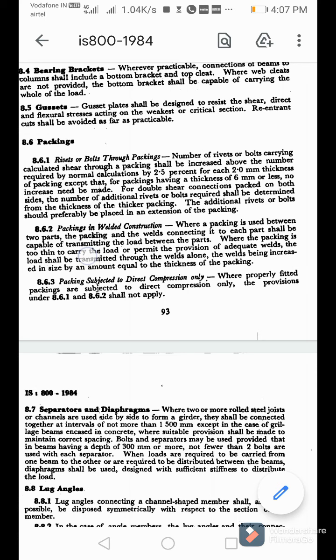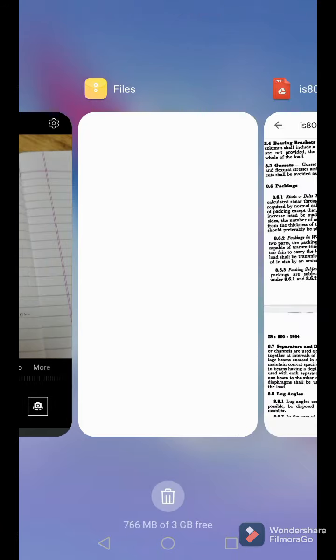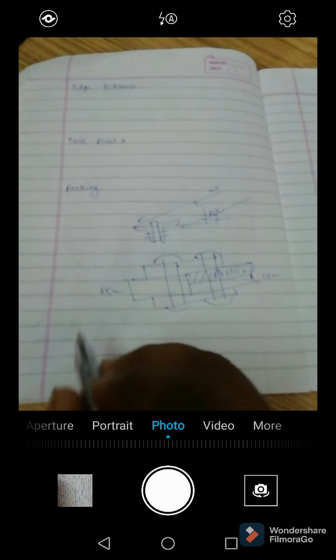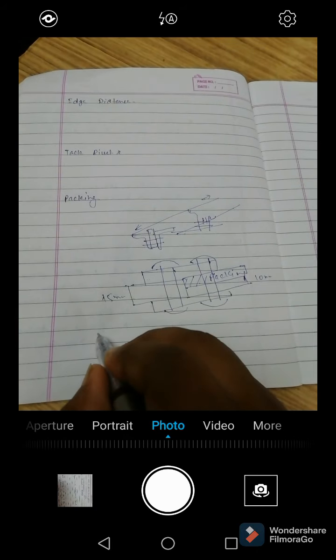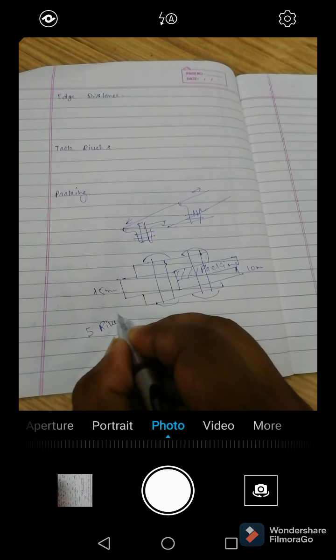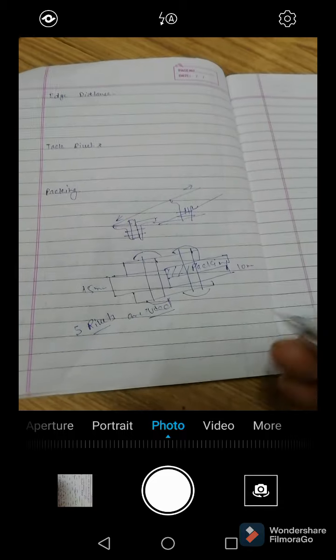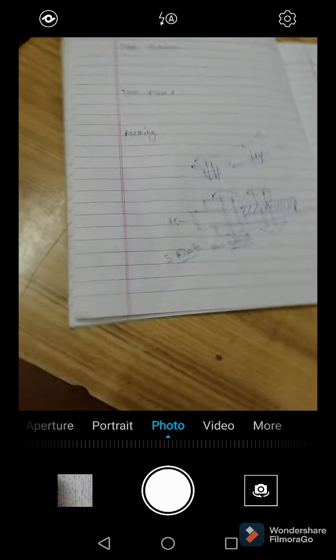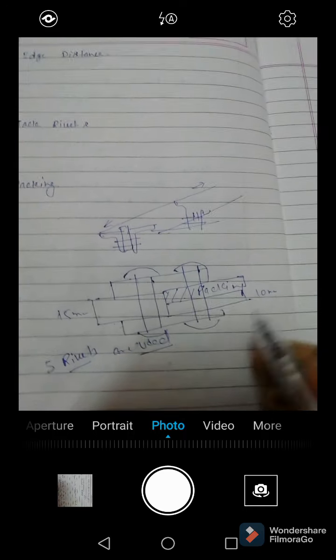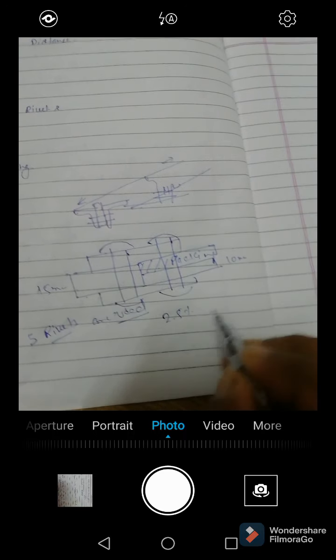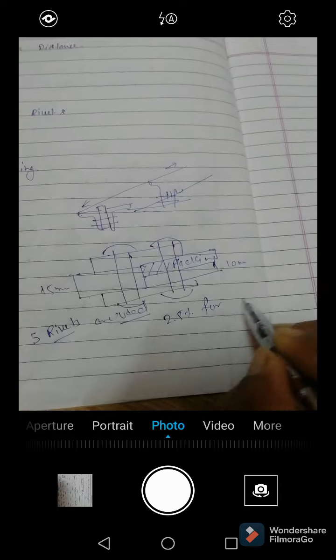Suppose we find that 5 rivets are used. After designing, 5 rivets are used. So it says that for packing we have to provide 2.5% for each 2 mm thickness.